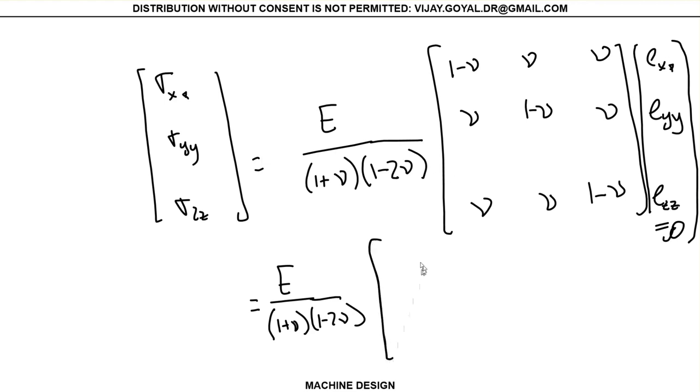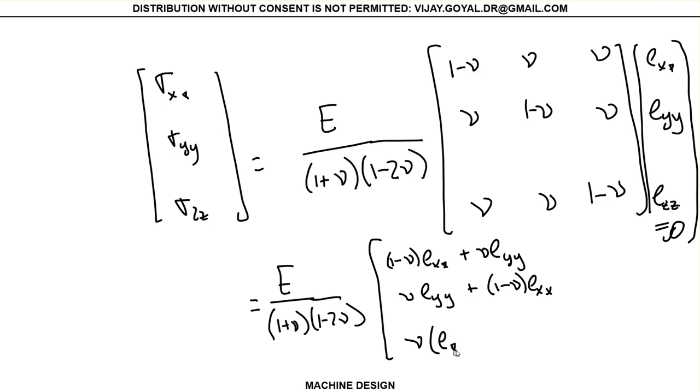Multiplying the first term, 1 minus nu times exx plus nu times eyy. This gives you nu times exx plus 1 minus nu times eyy. The last term is nu times exx plus eyy.